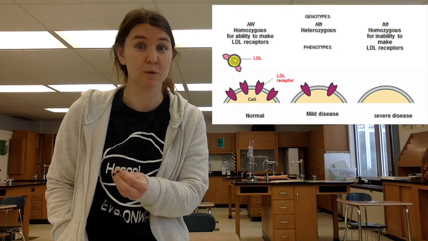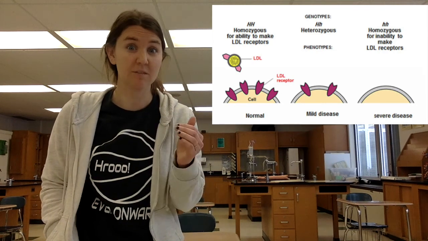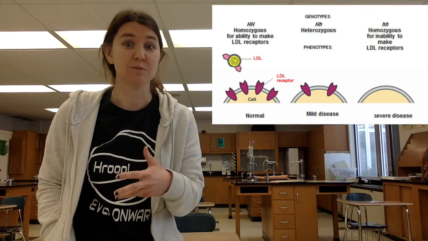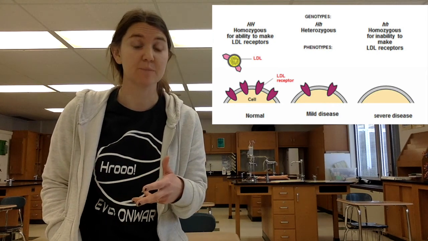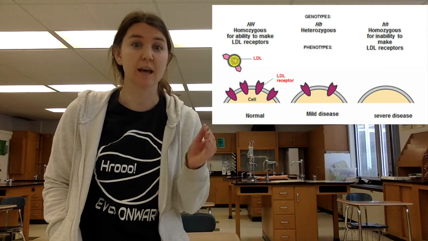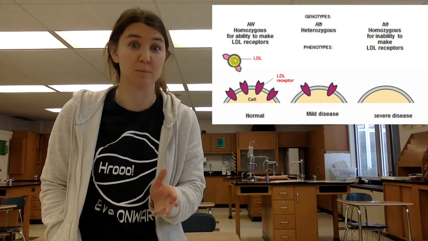So your body would be able to remove some cholesterol from your blood. So you would have high levels of cholesterol still, but not as high as if you had no receptors. So it's that in-between phenotype that we see in incomplete dominance.